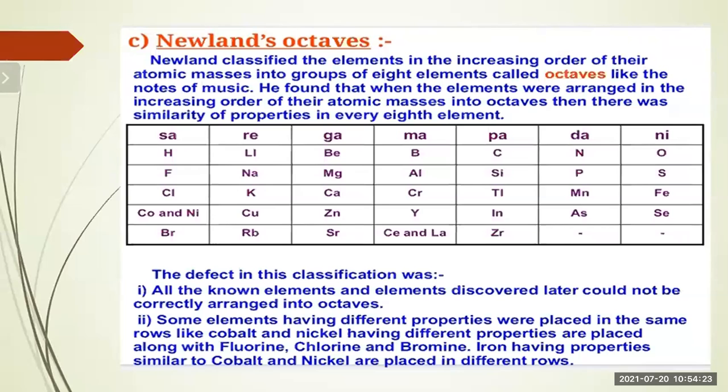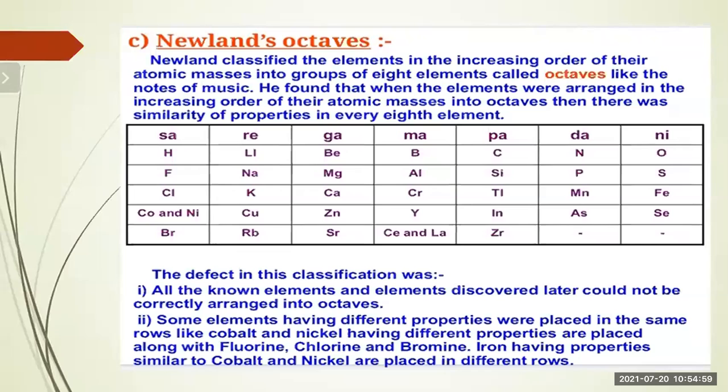Some elements having different properties were placed in the same rows, along with fluorine and bromine, and iron, having properties similar to cobalt and nickel, was placed in a different row.